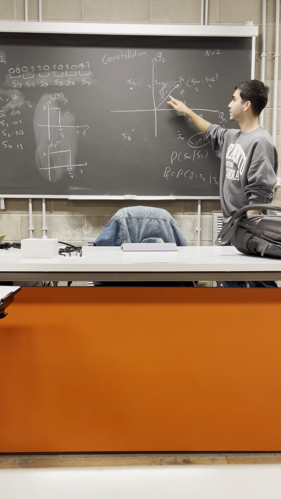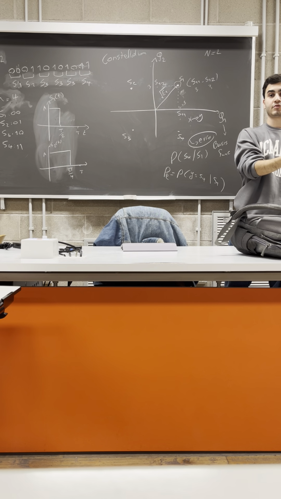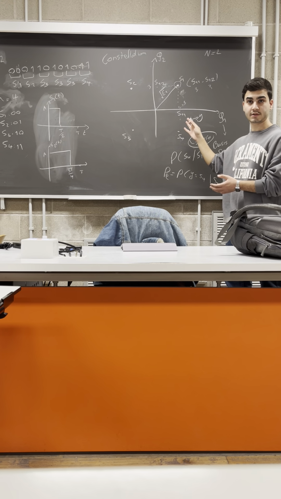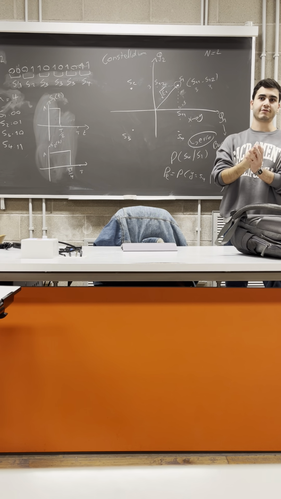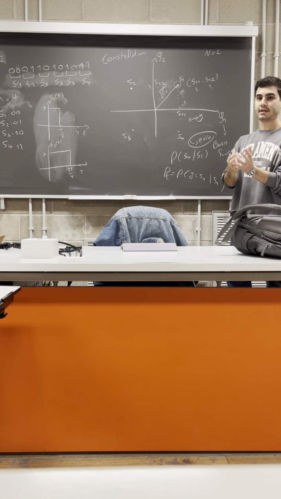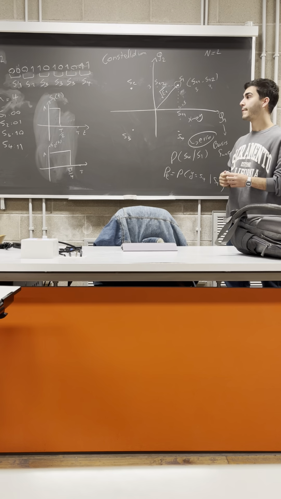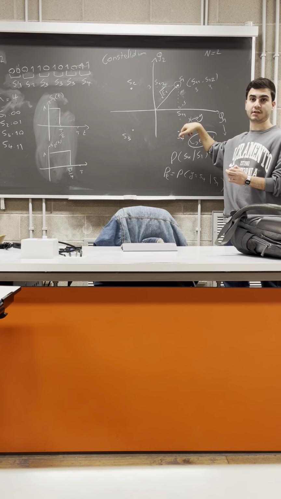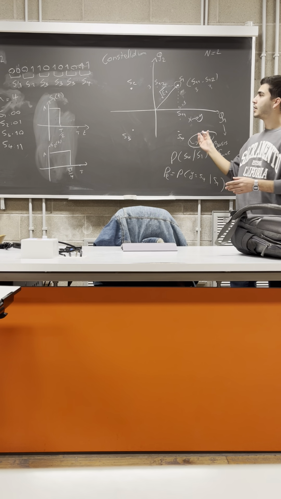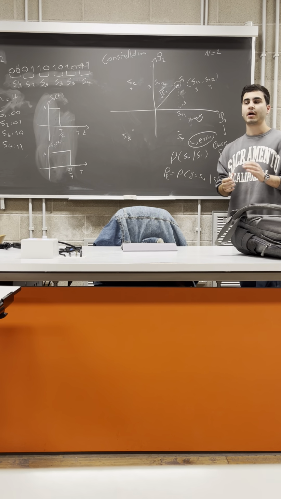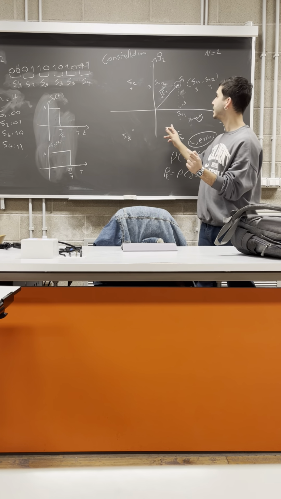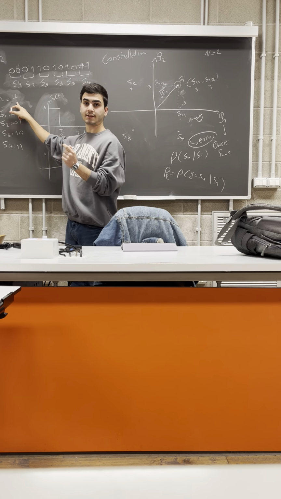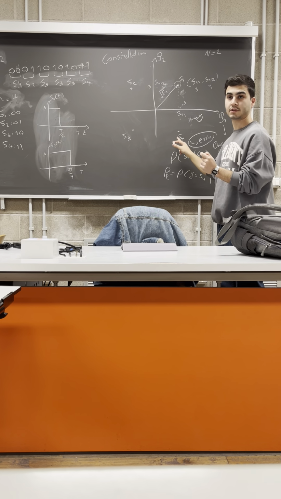I get the energy of S1, and I transmit it as a waveform. The receiver gets that waveform, measures the energy, looks at this constellation again, and tells which point it is nearest to, and that's the symbol it gets. Right now I am telling my receiver that I am using a modulation order equal to 4, so it has 4 points on the constellation.